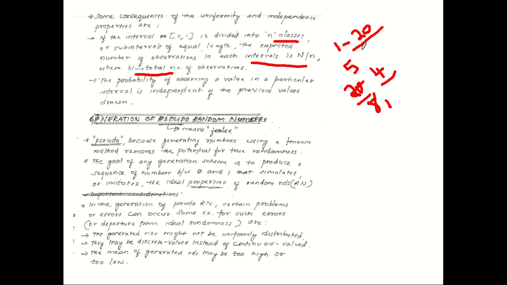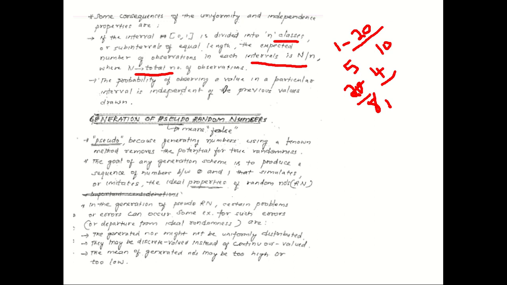If we divide the 20 numbers into 10 intervals, then we will get 2 observations in each interval. So this is one of the concepts related to the consequences of the uniformity and independence properties.